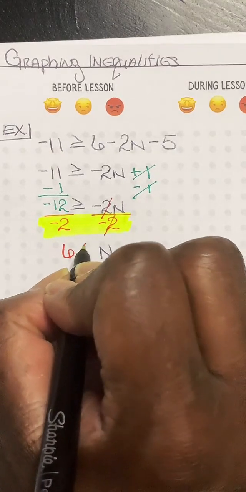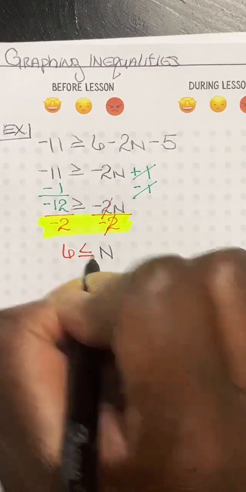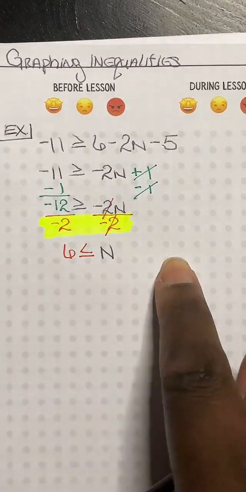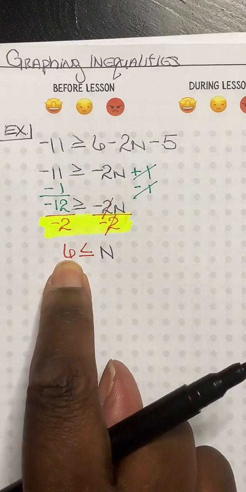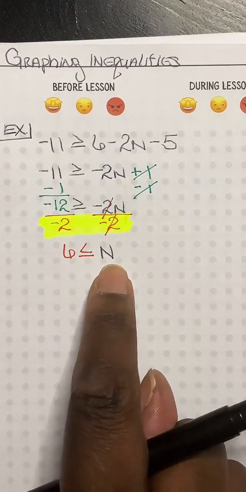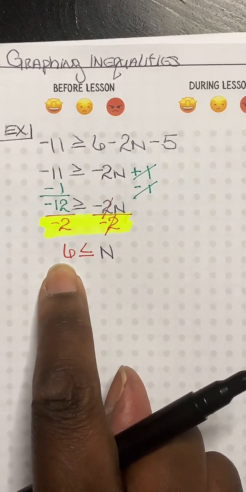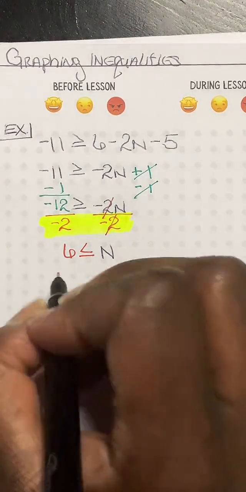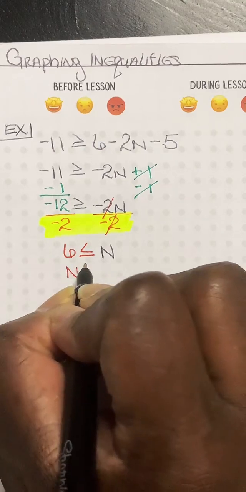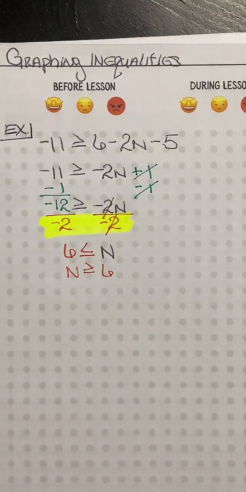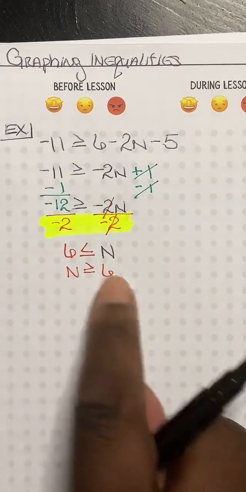In fact, it's going to be less than or equal to. And since we are so used to reading from left to right, we're saying that 6 is less than or equal to n. So if 6 is less than or equal to n, that means n is greater than or equal to 6. See how I flipped it?